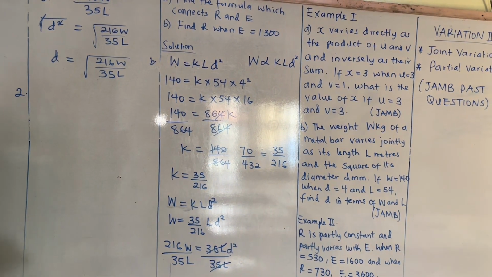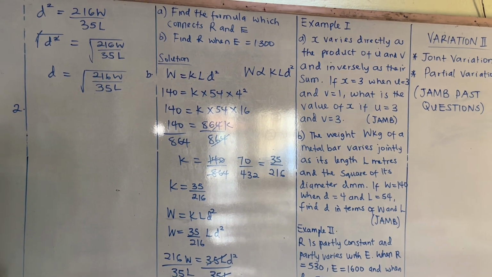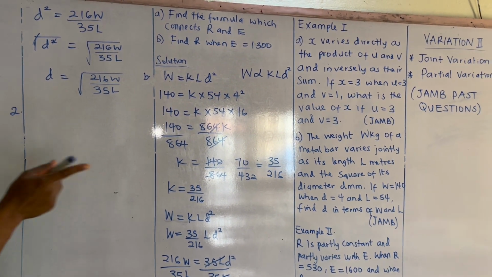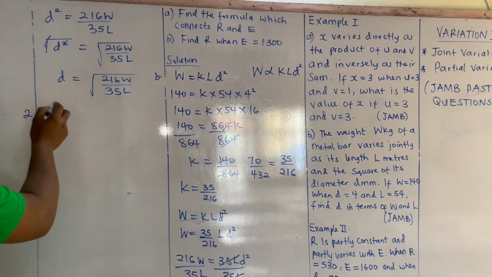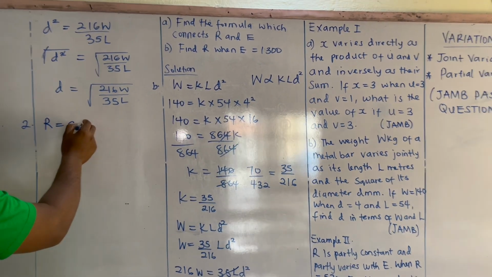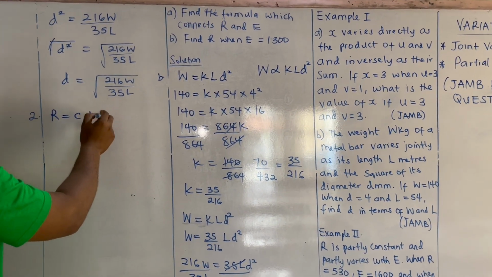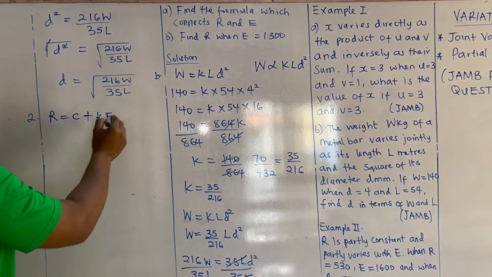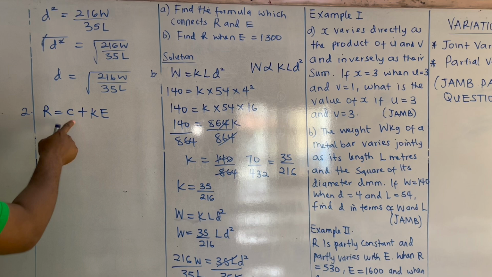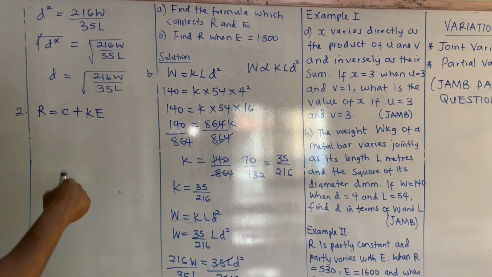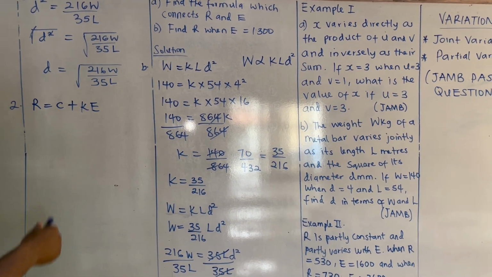This is a question under partial variation. Now, from the first sentence in the question, we have that R is equals to C plus KE, because R is partly constant, the C, and partly varies with E. That is why we have E here.